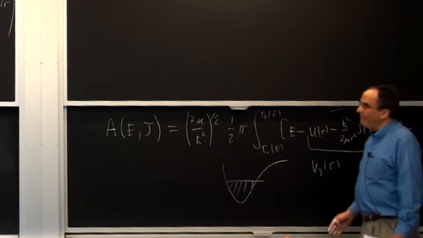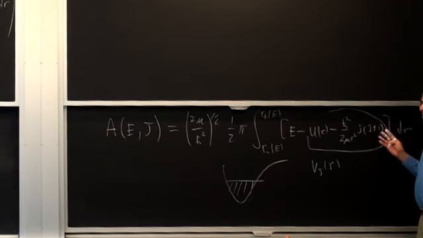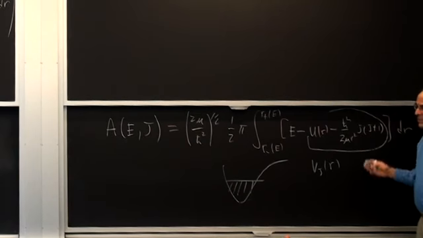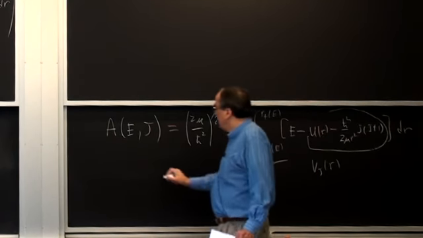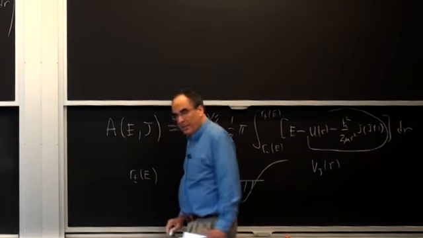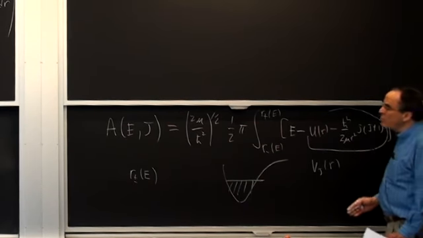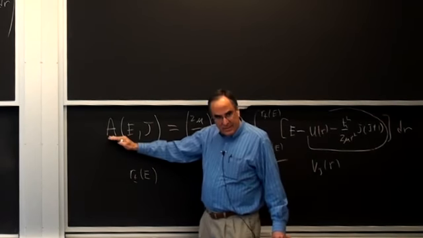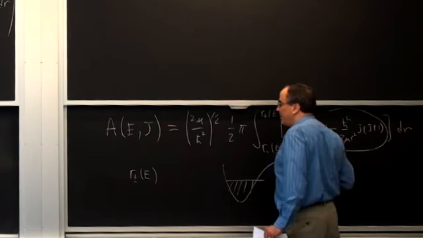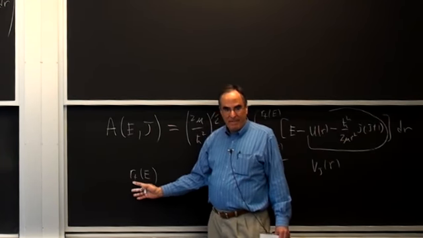So we have a function that we are going to play with two different ways. One way gives us r minus and r plus at E. So if we knew what A was, then we could derive values for the turning points from it.